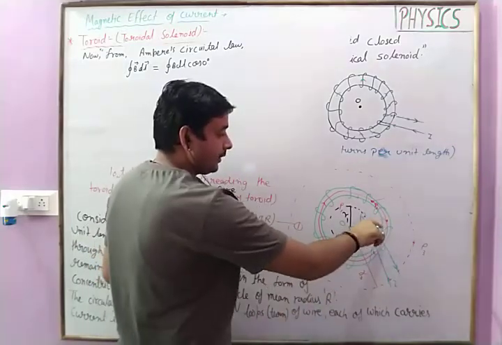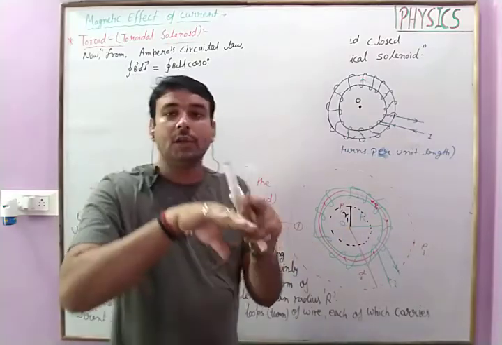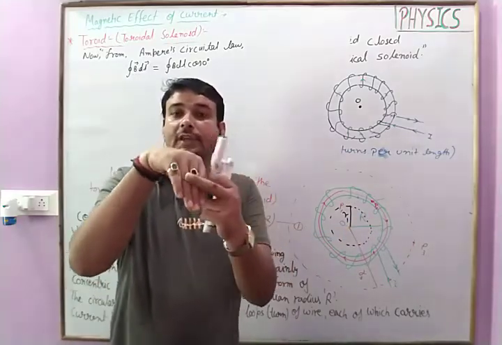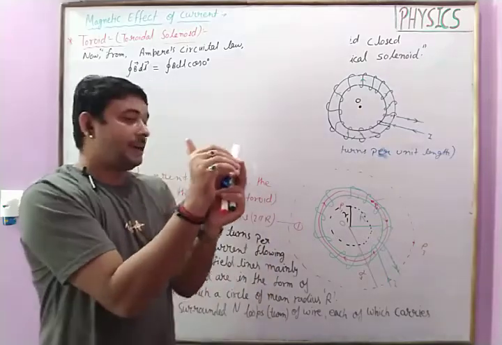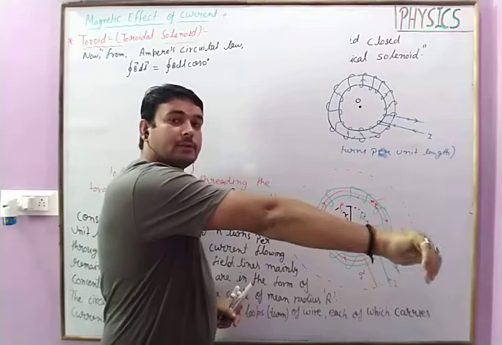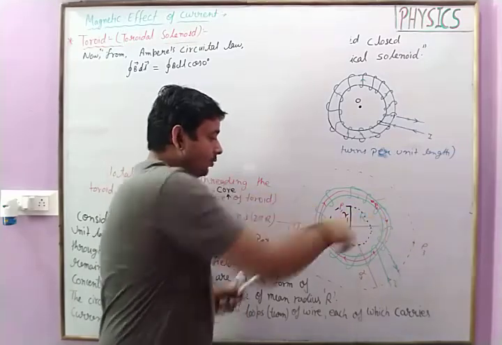For a circular coil, if the current is given by the curl of the fingers, then the magnetic field is inward.